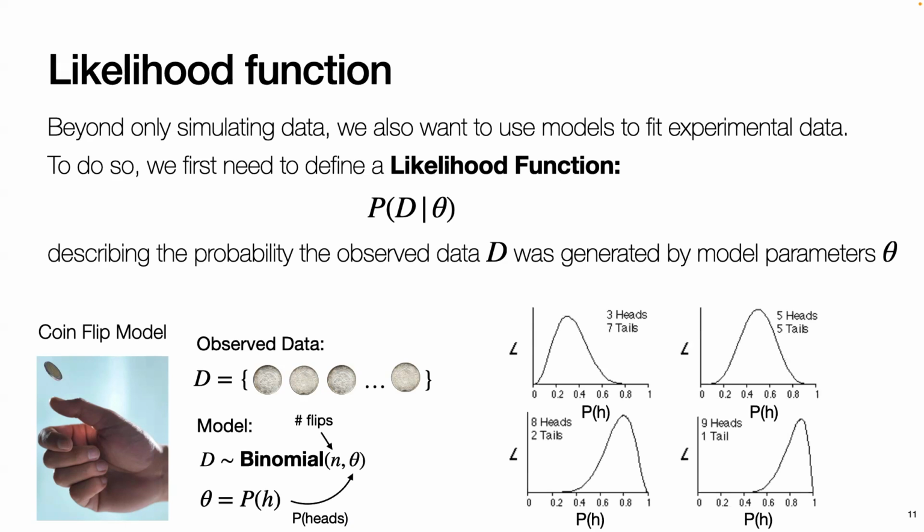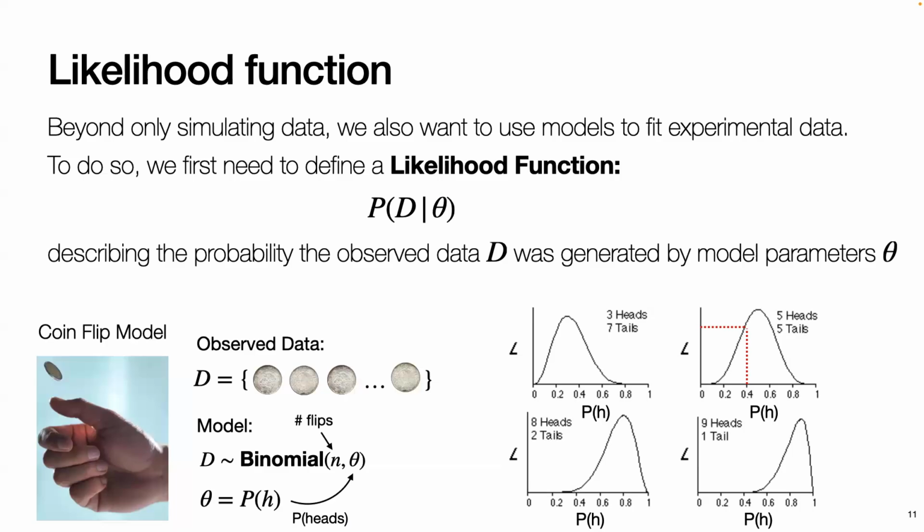Here are four different situations you might be in: one where you flipped 3 heads and 7 tails, one with 5 heads and 5 tails, and so on. Here we've put that information into our binomial model. Along the x-axis we have the probability of heads.